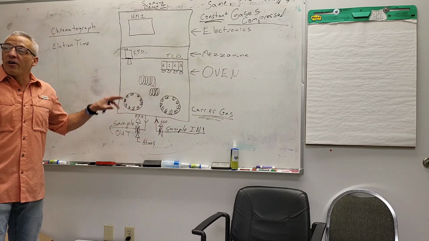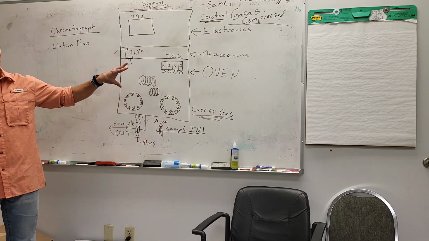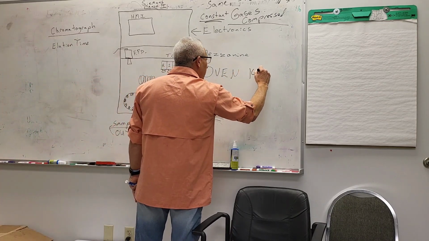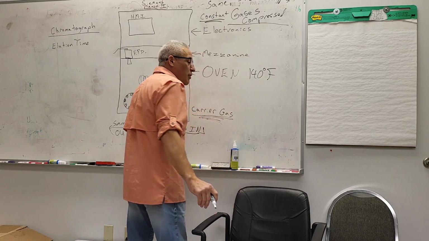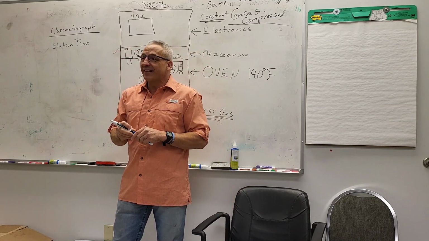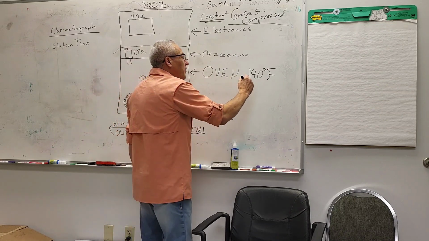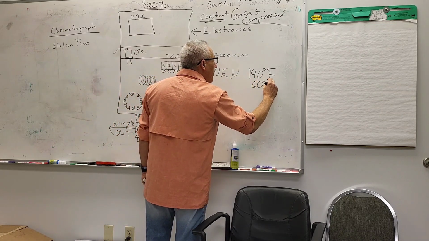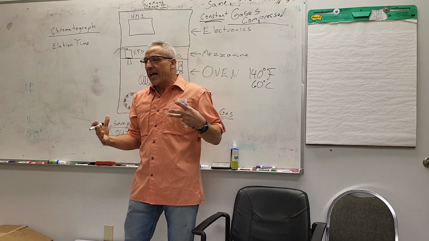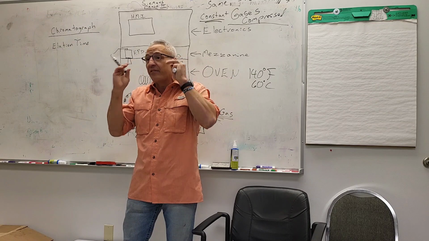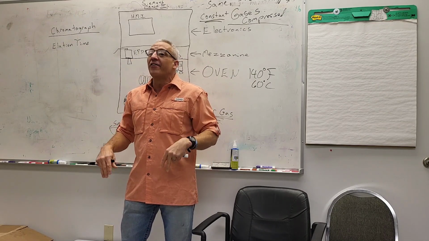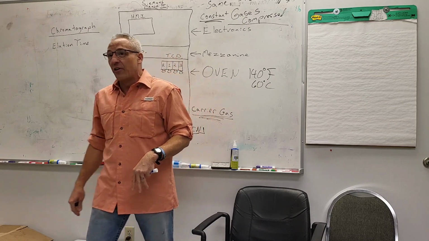The next constant that we are going to have is our oven temperature. A very, very typical oven temperature is going to be 140 degrees F. Do you know what that is in centigrade? 60. This is a very, very common temperature that we use for an oven temperature because it keeps everybody in their vapor state that we will typically be using, unless you're dealing with some toluenes or super big heavy stuff, then you're going to need to get that temperature a little bit higher.